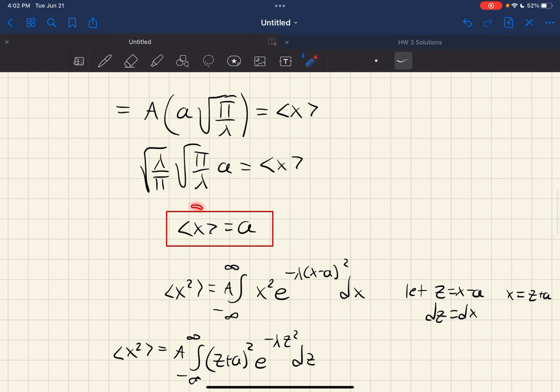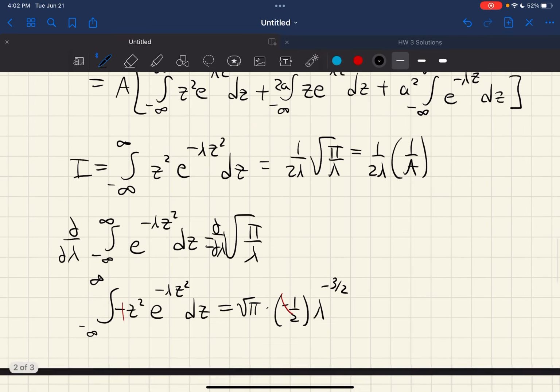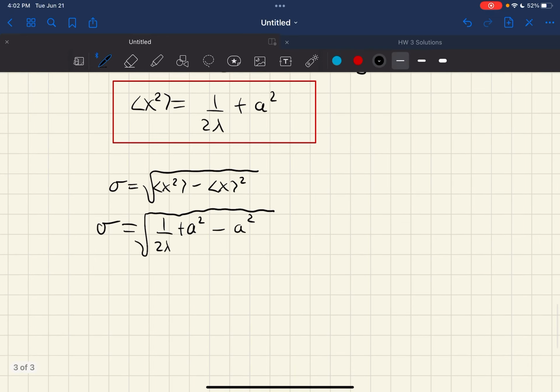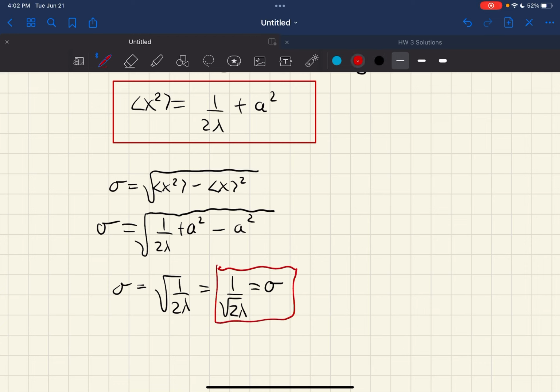So for that, we would just need to square both sides here, and we're just left with a squared. So minus a squared, and there's a square root here. So this will cancel with that, and we will be left with the uncertainty, which is equal to 1 over 2 lambda, or 1 over root 2 lambda, if you want to write it slightly better. So that's the final answer for part B.